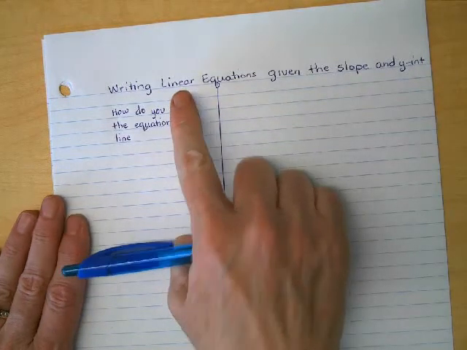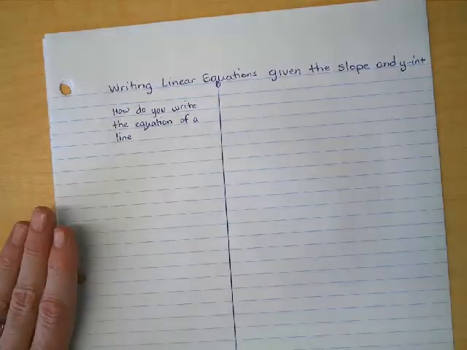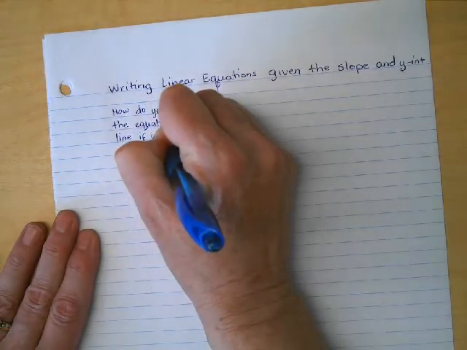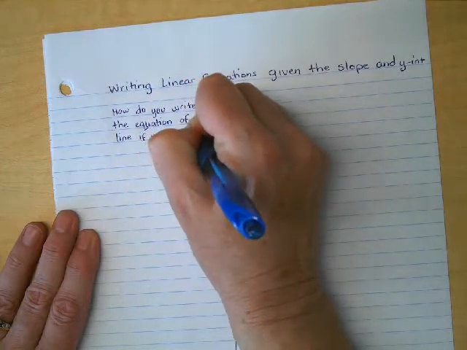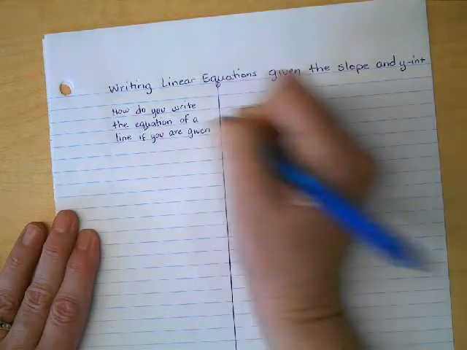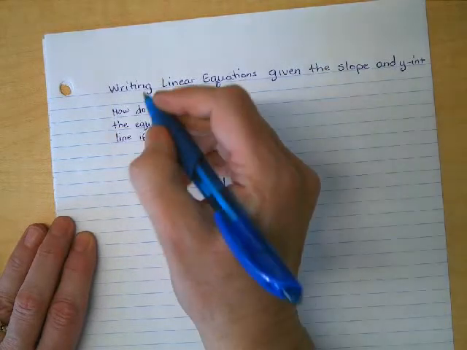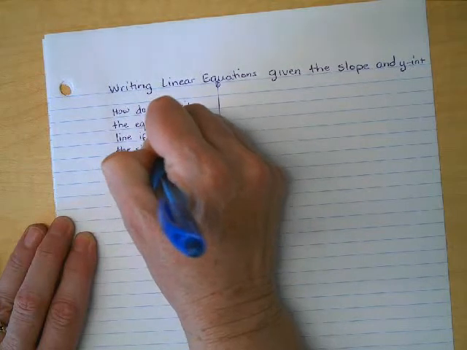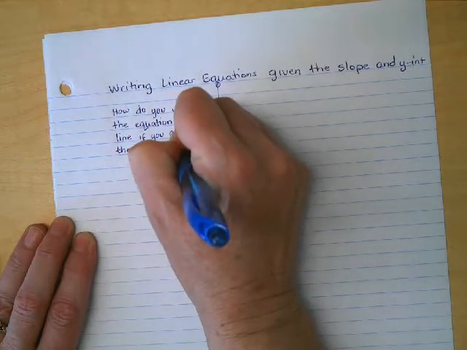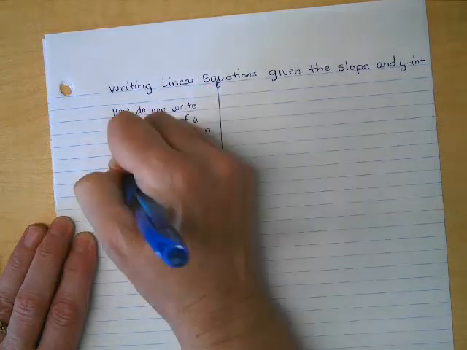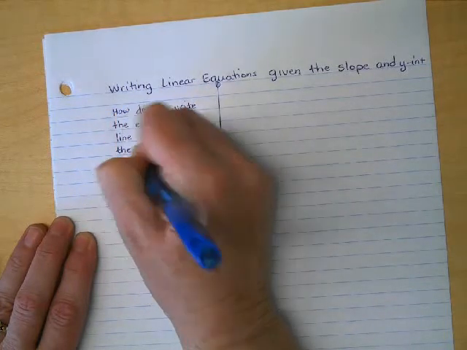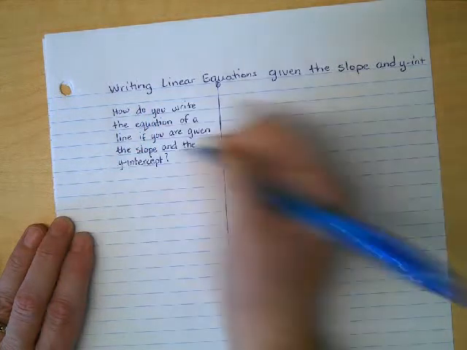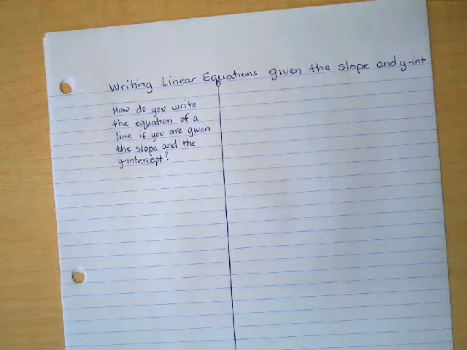Remember, a linear equation is an equation of a line. So if you are given the slope and the y-intercept, again, you'll probably need to pause so that you can get that all written down.